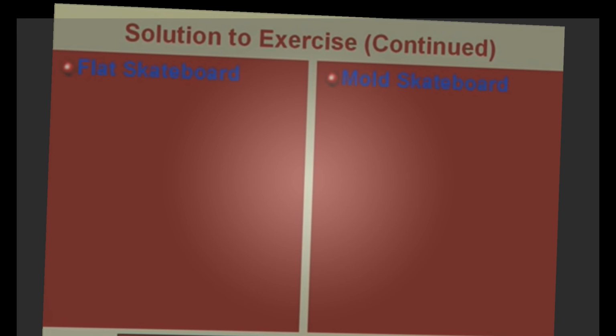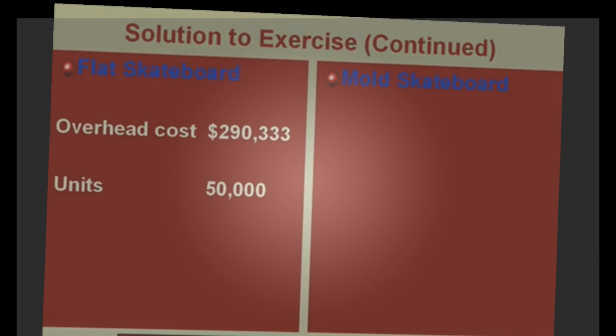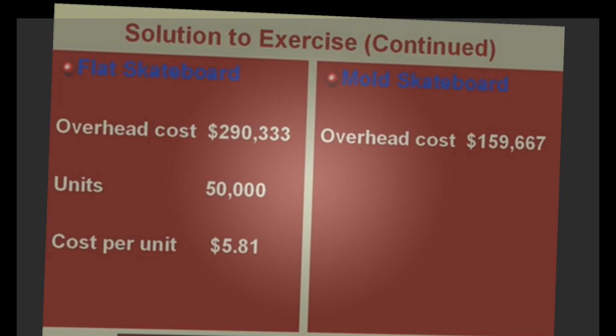At Skateboard, overhead cost $290,333 from our chart. We're making 50,000 units, so the overhead cost per unit is $5.81. Mold, overhead cost $159,667. We said you're making 5,000 mold, so the cost per unit is $31.93.